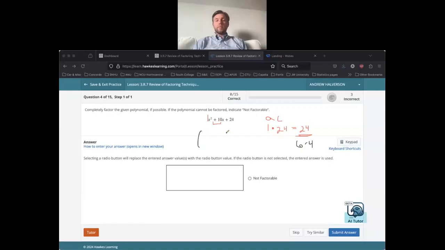That's exactly right. So when I go to factor these, I put my x in the first spot of each, and think of this as positive 6 and positive 4, because the positive gives you the sign in the middle. Helps you to fill it out a little easier. And boom, that's it.